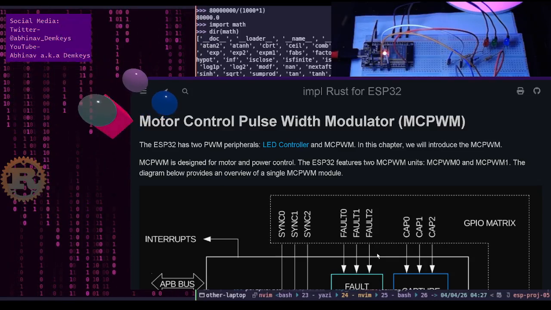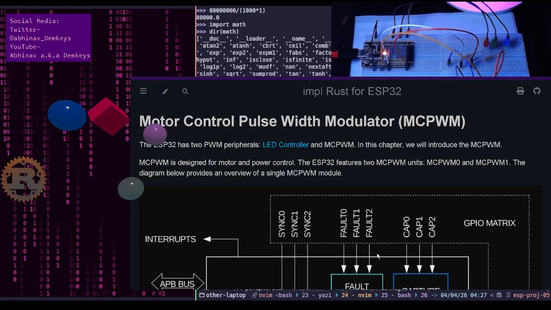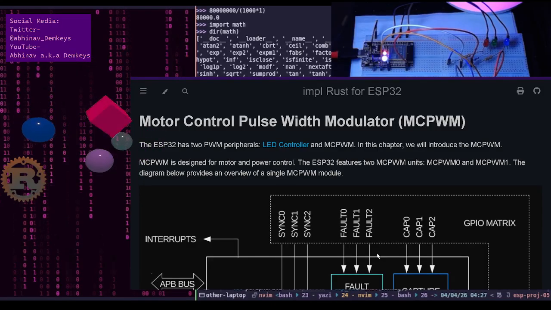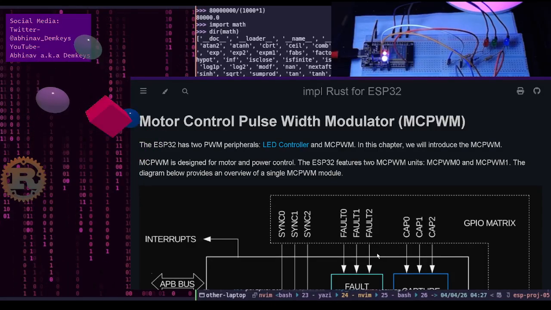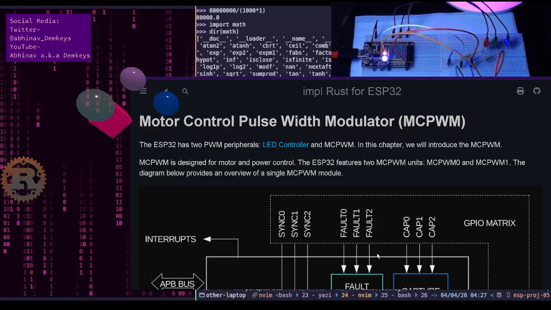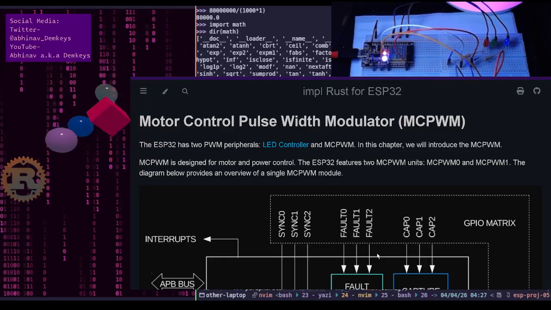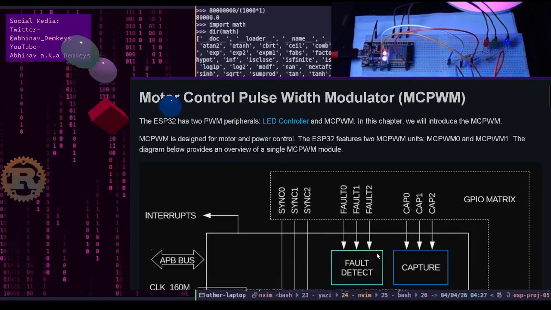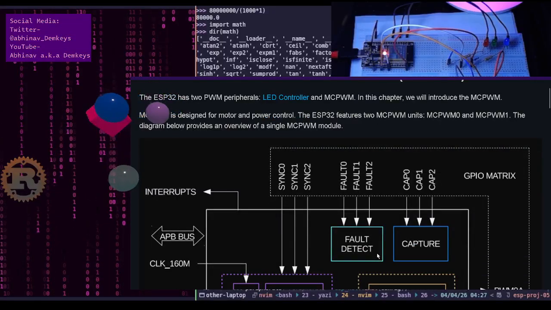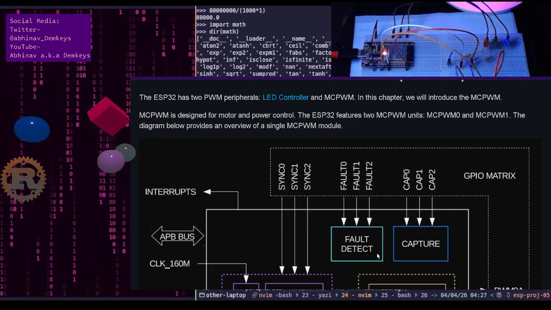Okay, motor control pulse width modulator. Oh wait, I already read that. MCPWM is designed for motor and power control. The ESP32 features two MCPWM units. The diagram below provides an overview of a single MCPWM module.